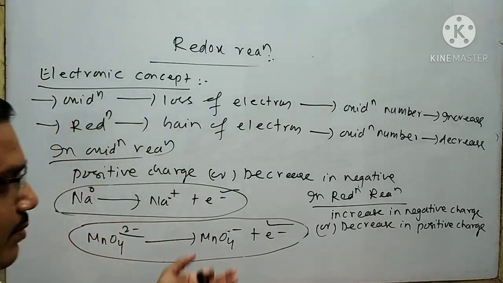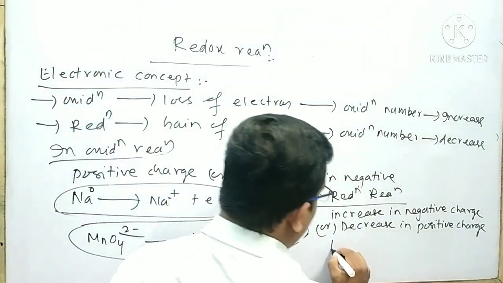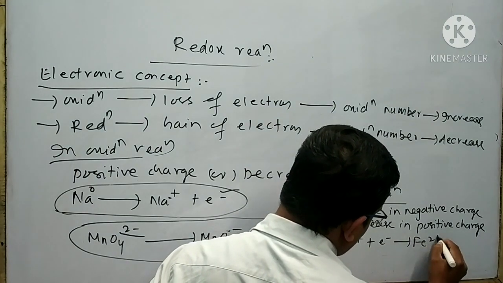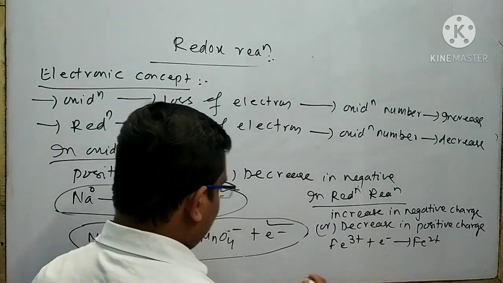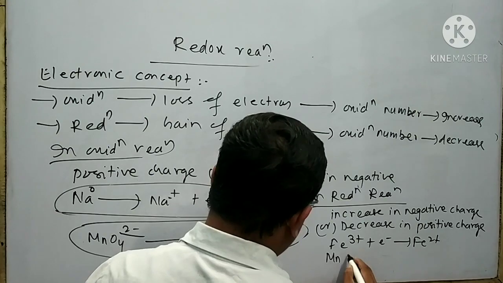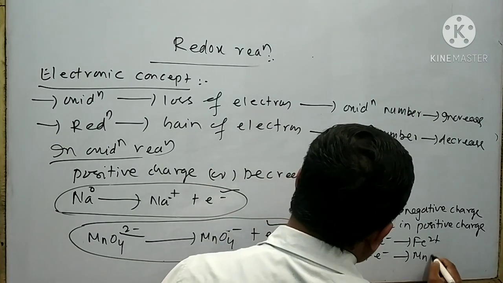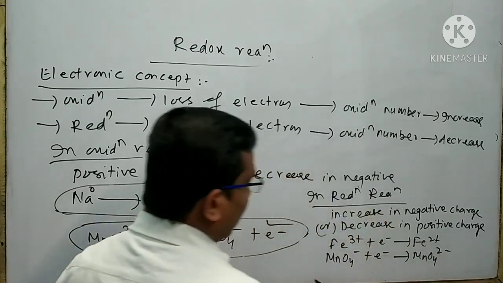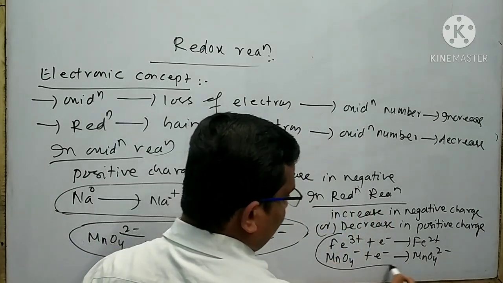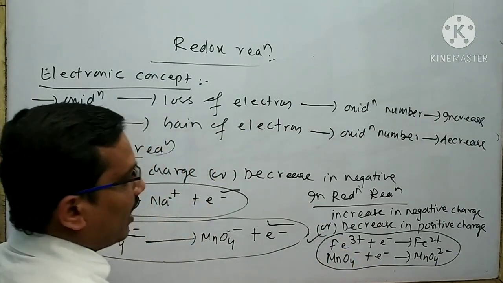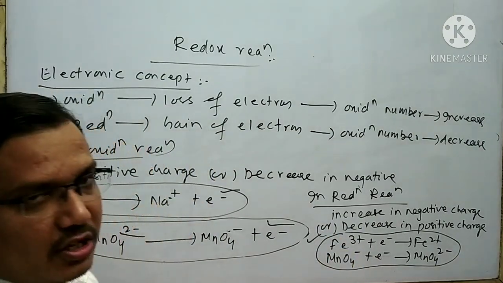Take examples to explain these two points. Fe3+ plus an electron gives Fe2+. Similarly, take another example, MnO4- plus an electron gives MnO4 2-. Look at that, in these two reactions, addition of electron takes place. So these are examples of reduction reaction.